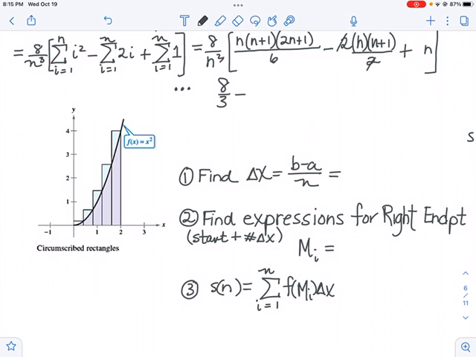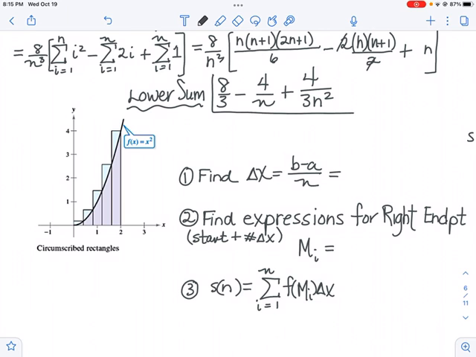It's going to be 8/3, you're going to do a little simplifying, minus 4 over n, plus, sorry, 4 over 3n squared. Okay, so this is your lower sum. So take that down. That's your lower sum.